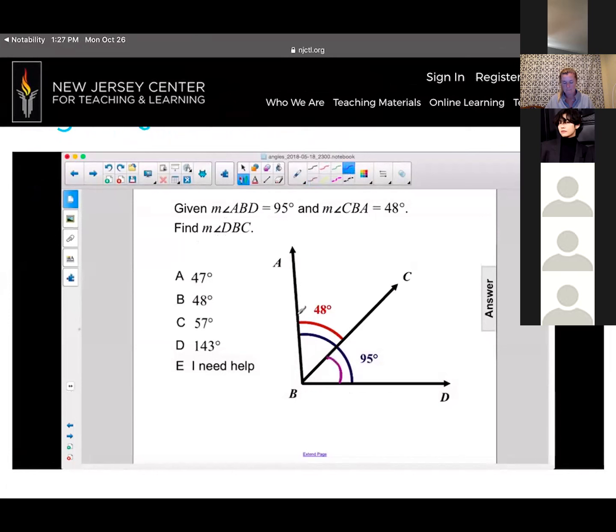So we have our large angle, 95 degrees, and that equals 48 degrees plus x here. And that's what we're solving for. The measurement of angle DBC is now x. So x equals 95 minus 48, which is 47 degrees. So x equals 47 degrees.